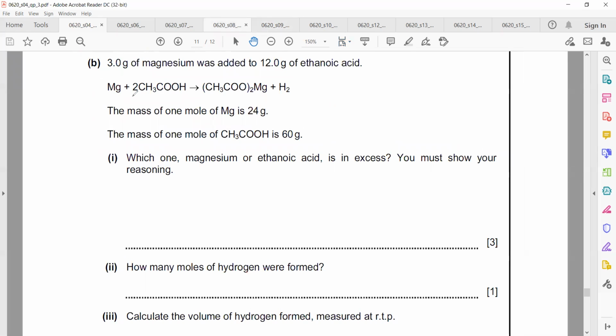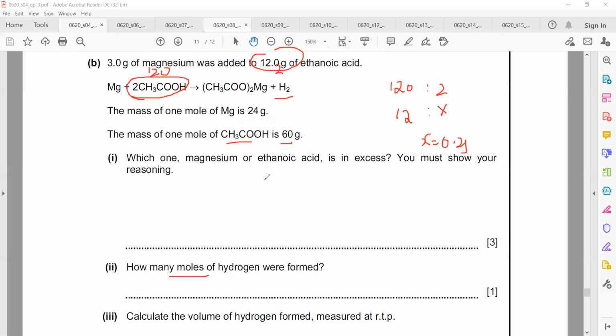So the total mass of two molecules of ethanoic acid according to the equation: one molecule is 60, so two molecules will be 120. And the total mass of hydrogen will be 2. So the ratio between them is 120 is to 2. But in the question, how much ethanoic acid is there? 12. The equation shows 120 is to 2, but in the question you have only 12. So hydrogen will be X, cross multiply. You will get the mass of hydrogen, which is 0.2 gram. But in the question you need moles.